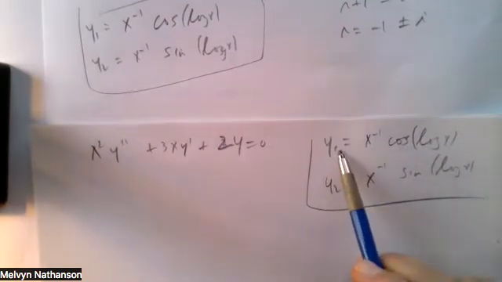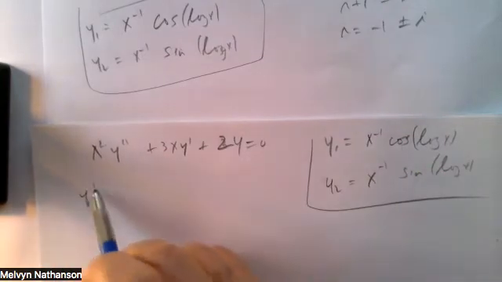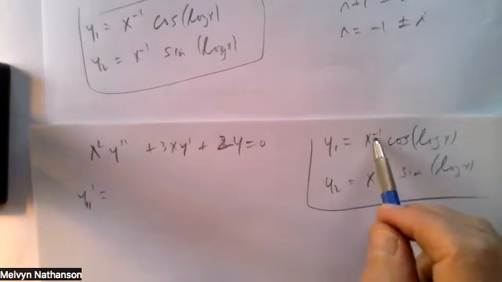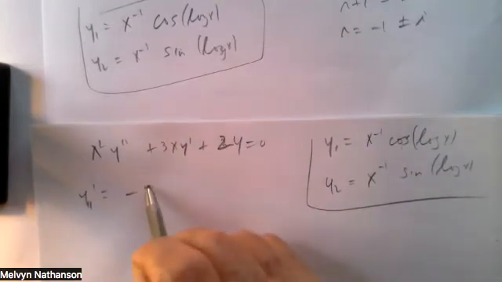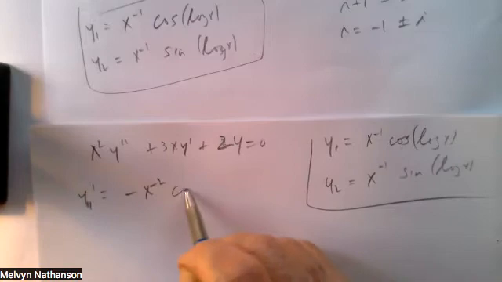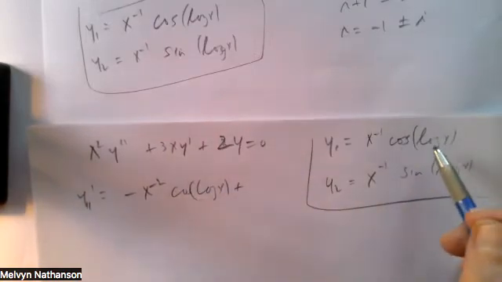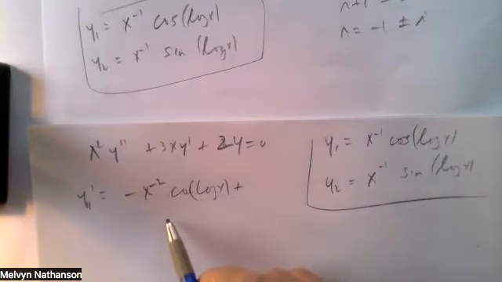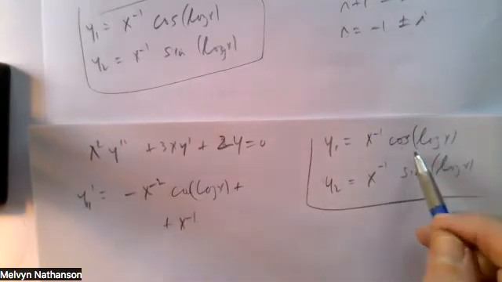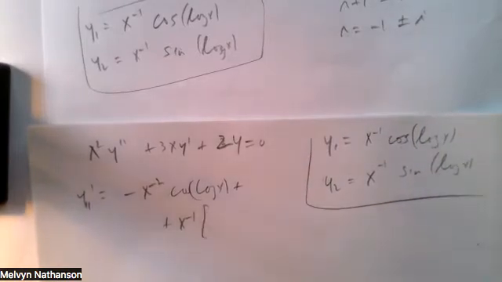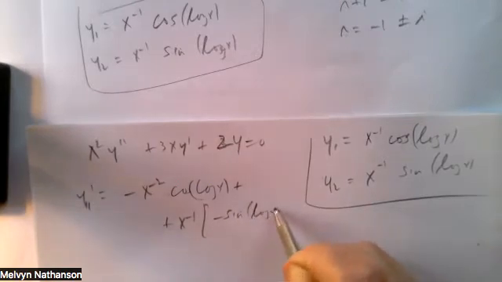So this is y1. What is y1 prime? By the chain rule, the derivative of x to the minus 1 is minus x to the minus 2 times the cosine of log x, and by the product rule, plus x to the minus 1 times the derivative of the cosine of log x. What is the derivative of the cosine of log x? Minus the sine of log x over x.